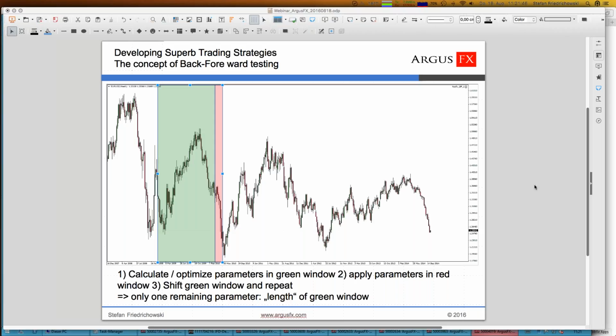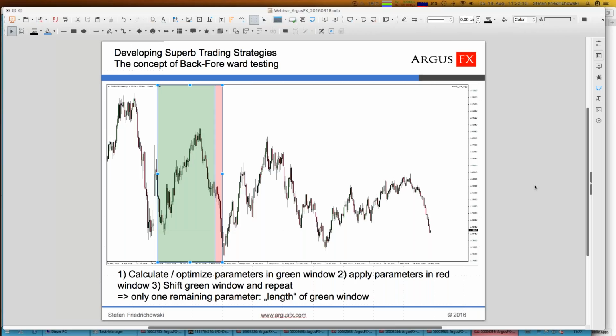But this is better than having maybe 4, 5, 6 parameters, especially if you think a little bit about the question we discussed earlier in the webinar. Maybe if I would do what has been suggested there, to add maybe an additional 4 parameters to a trading strategy, I might have a trading strategy with 8 parameters.